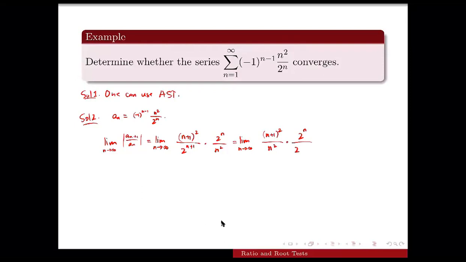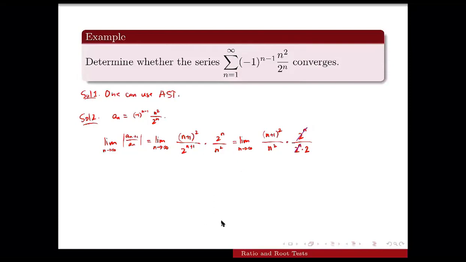You can write that as 2 to the n times 2. Therefore, you can cancel these: 2 to the n cancels with 2 to the n, and you will have 1 over 2 there.